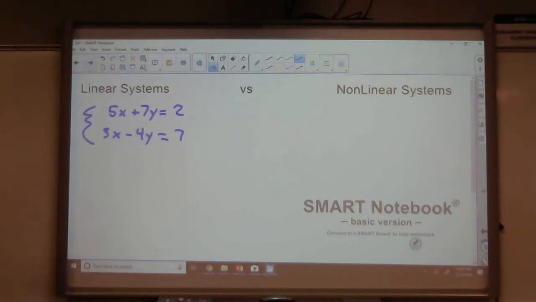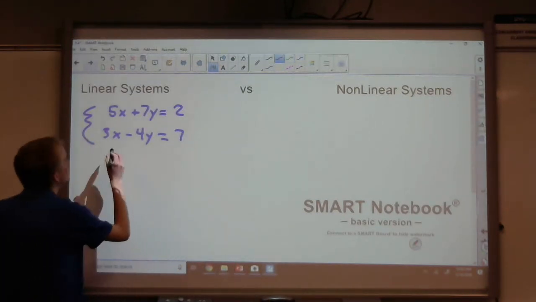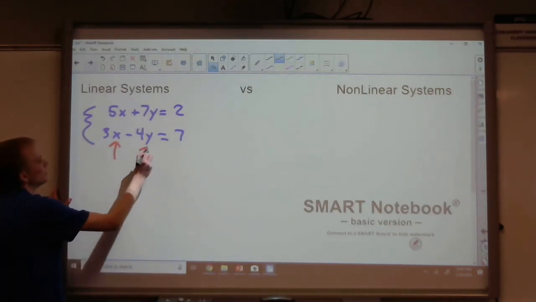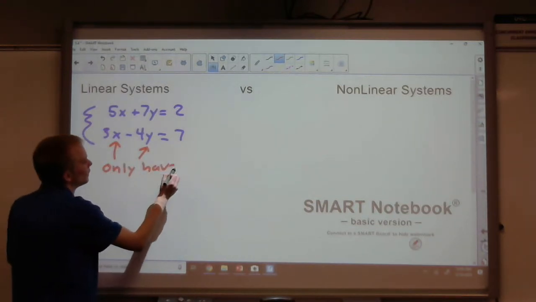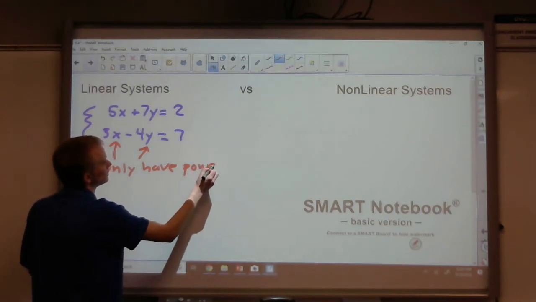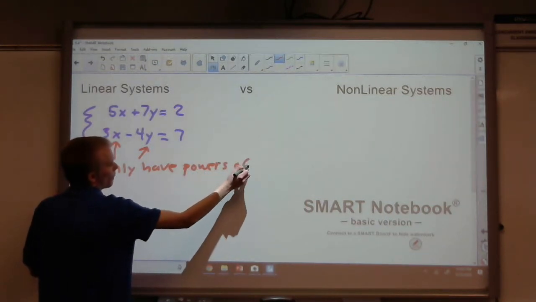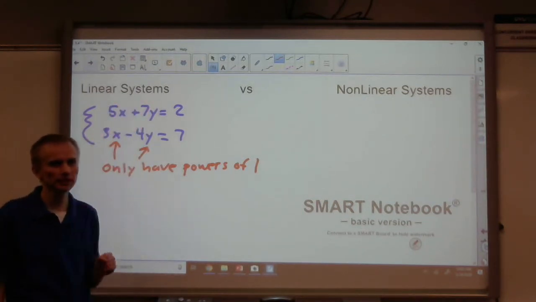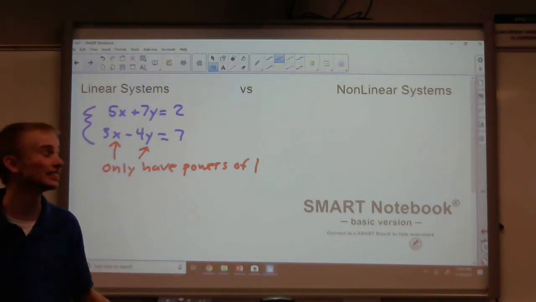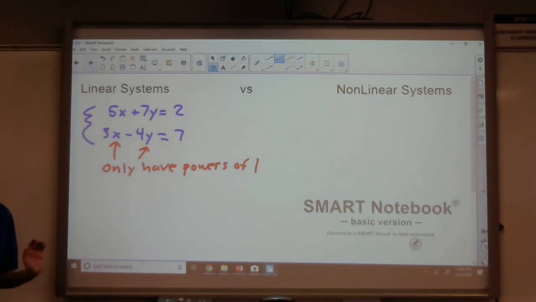You'll notice the x's and y's only have powers of 1. So x and y in this system only have powers of 1, which is why it's a linear system.